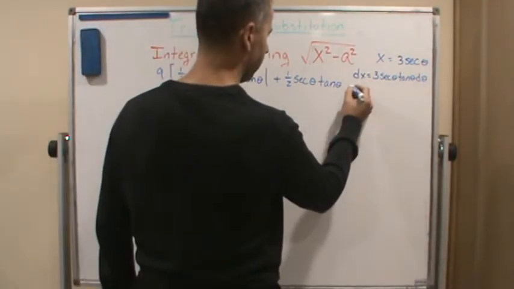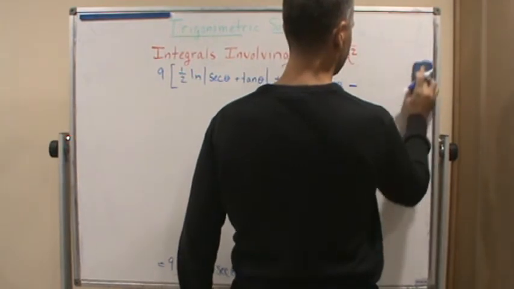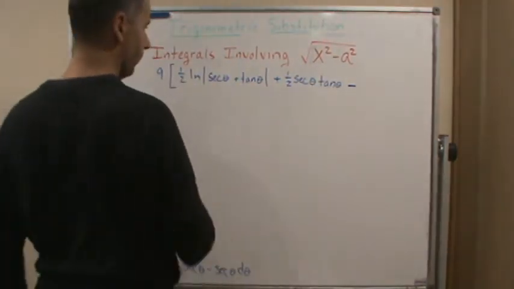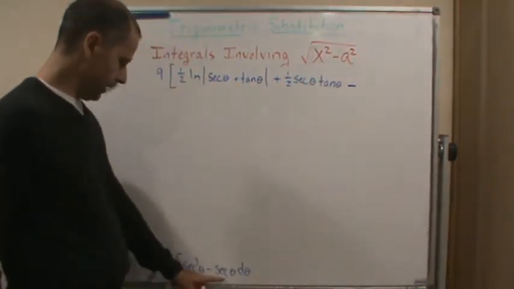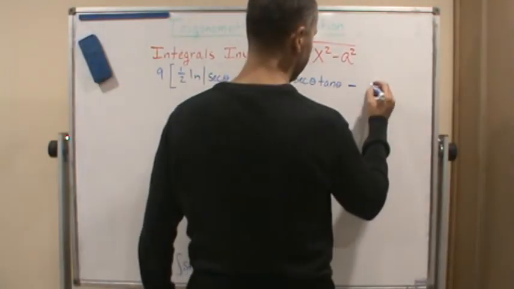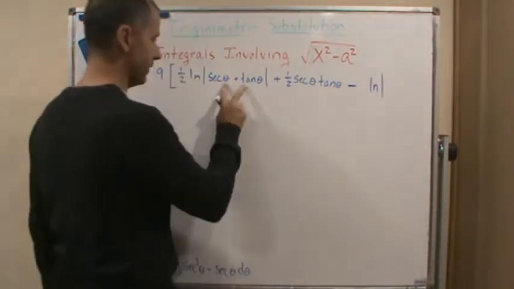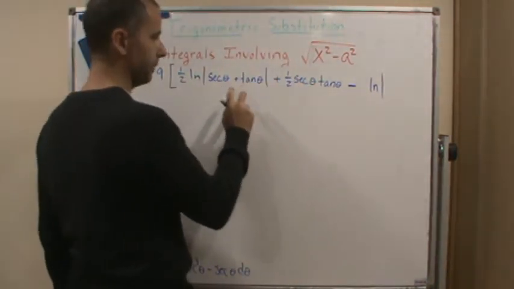You know what, let me get rid of this. We don't need this anymore. And then you're going to subtract the integral of this, which is, again, you should know this one. It's going to be the natural log of the same thing here, right? It's going to be the same thing here.